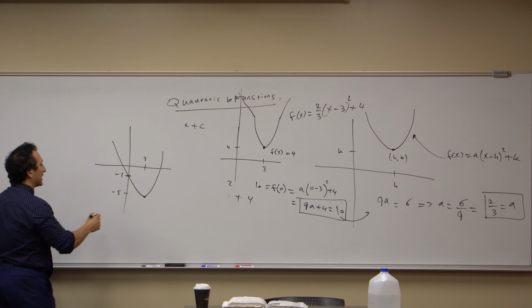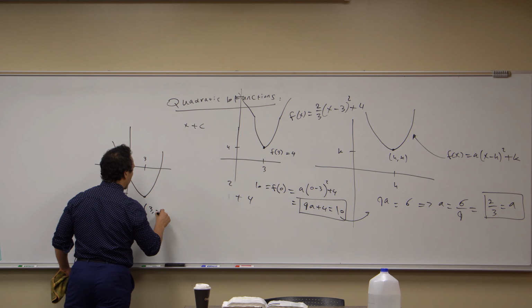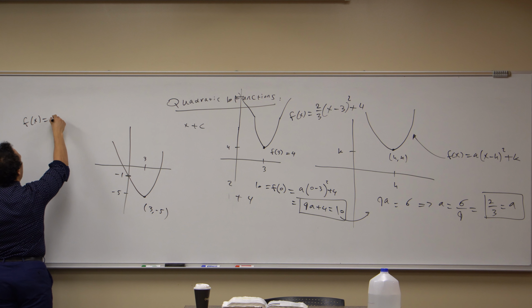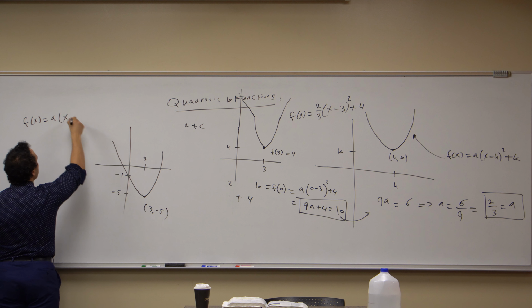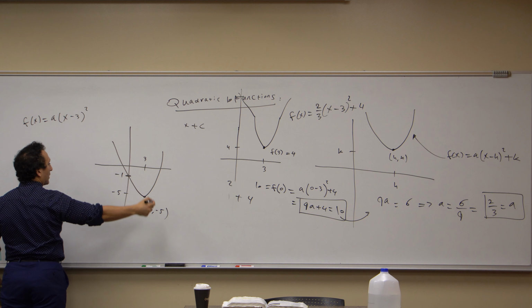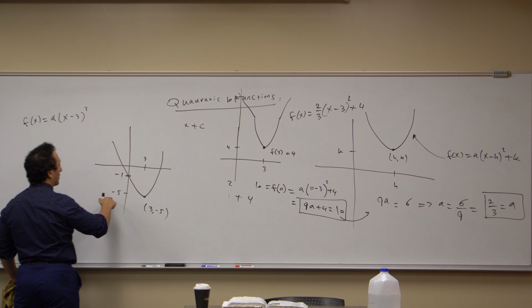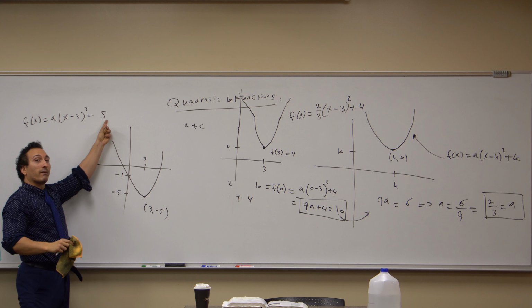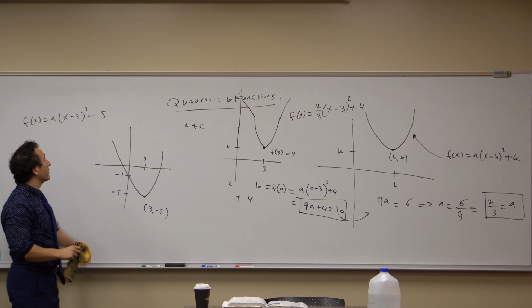So we know it's centered at 3, negative 5, right? So we know this function looks like f of x is equal to a times x minus 3 quantity squared, and we say plus negative 5, so it's minus 5. Notice that this is just like a vertical shift of negative 5.